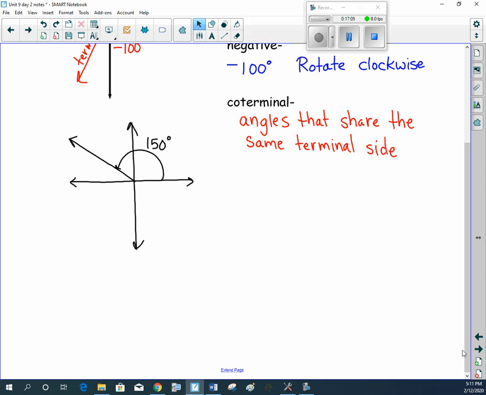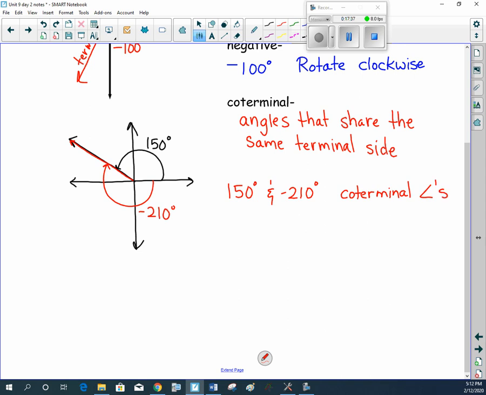If you rotate a negative 210, you end up on the exact same terminal side. So 150 degrees and negative 210 degrees are considered coterminal. Those are coterminal angles. They share the same terminal side. There's lots of combinations that you can get.